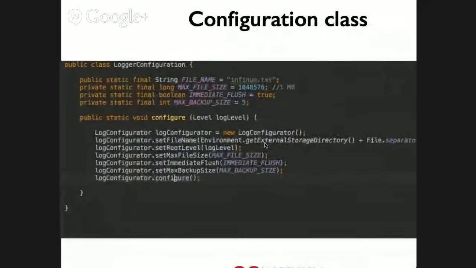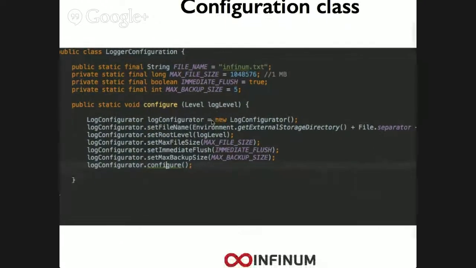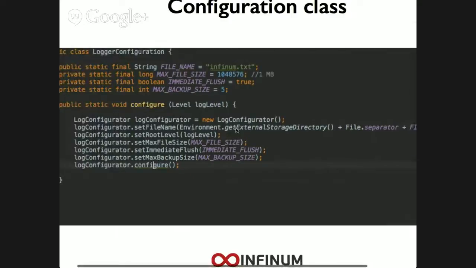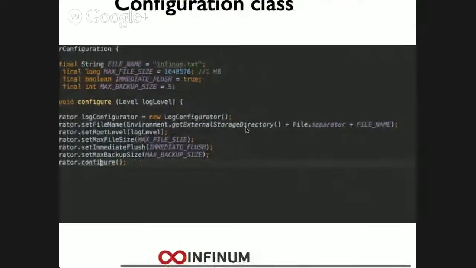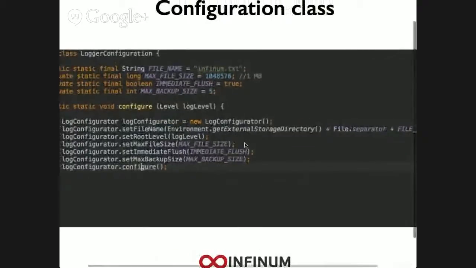Here we have a static method which takes a log level as a parameter. So you need to create a new object of log configurator and then set a file name. Here we are saving the log file in our root directory under the file name Infinum text. You set the root level.